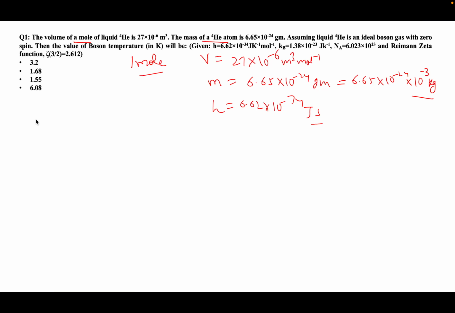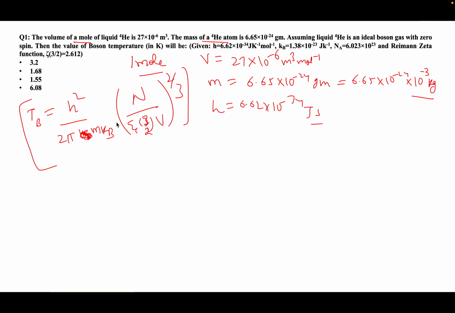and we need to calculate the boson temperature Tb, and we know the formula: Tb equals h squared by 2 pi m kB, times (N by Riemann zeta function into V) to the power 2 by 3.